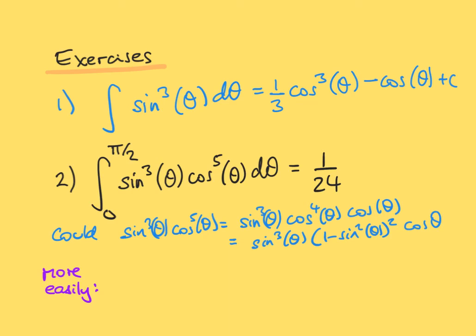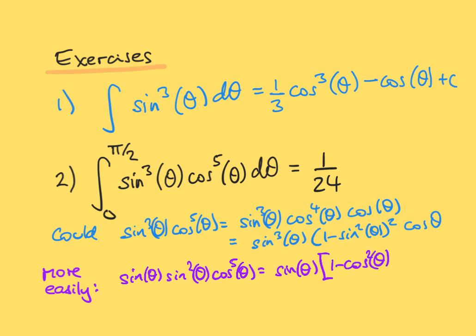So I'm going to write it as sine of theta times sine squared theta times cos to the 5th of theta. So that's sine theta, open brackets, and now the sine squared is 1 minus cos squared theta, all multiplied by cos to the 5th of theta.